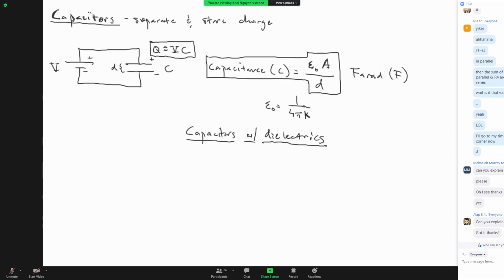But now that we're attached to a battery, can't really do that anymore. The voltage is the same. So with voltage being the same, we know that we have charge buildup on these plates. That's going to create charge separation within our dielectric.